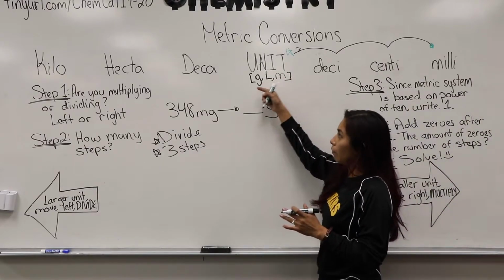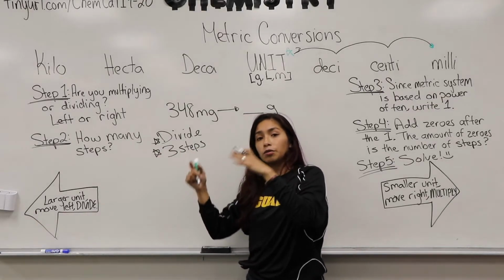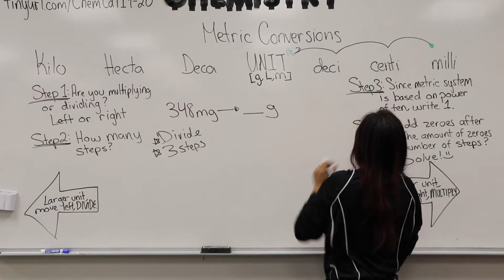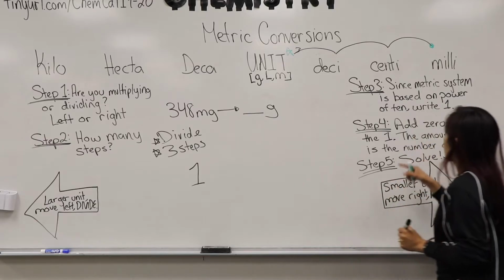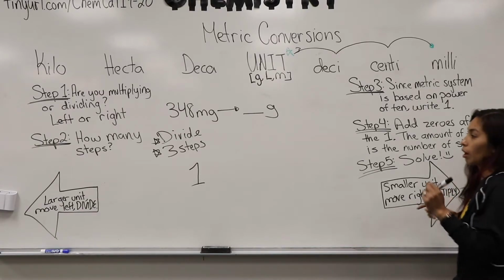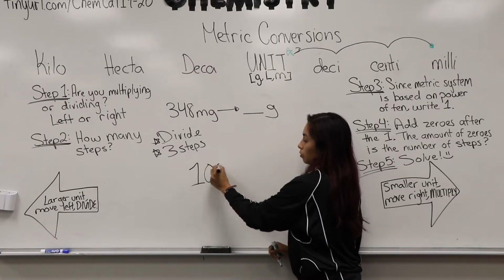So every step you take, the difference is by 10. So 10, 100, 1,000, power of 10. So I'm gonna write down 1 over here. Step 4, add zeros after the 1. The amount of zeros is the number of steps. So how many zeros do I have to add? The amount of steps I have. So 1, 2, 3.